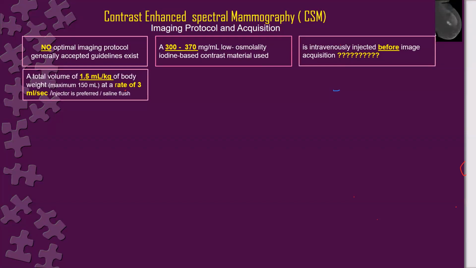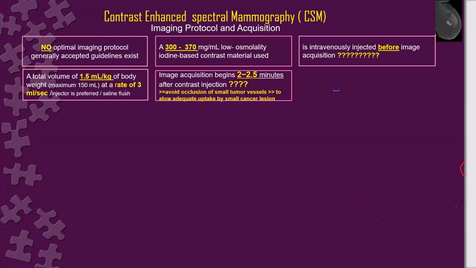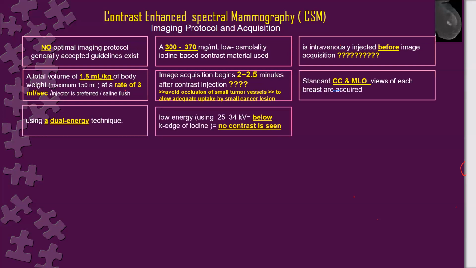The total volume is 1.5 mil per kg of body weight, maximum 150 mil, at a rate of 3 mil per second, preferably using an injector and saline flush. Again, image acquisition begins 2 to 2.5 minutes after contrast injection.